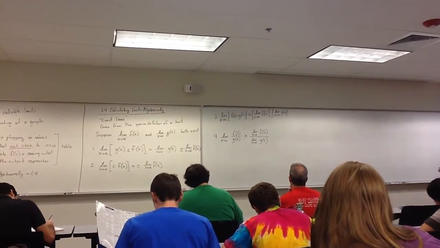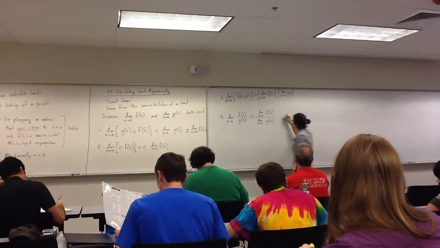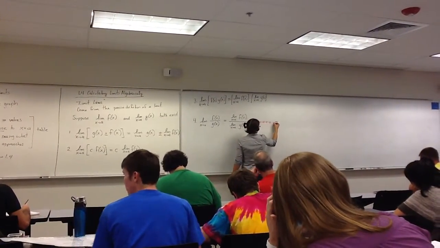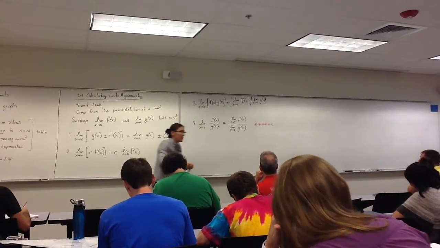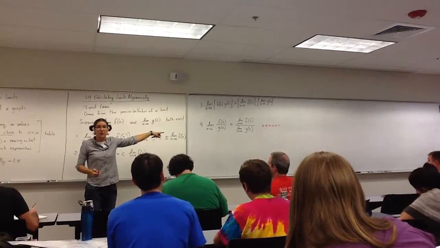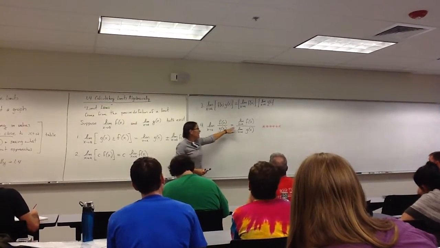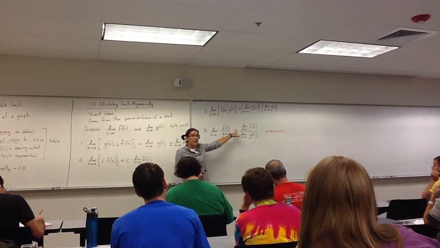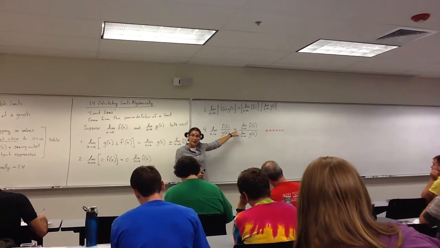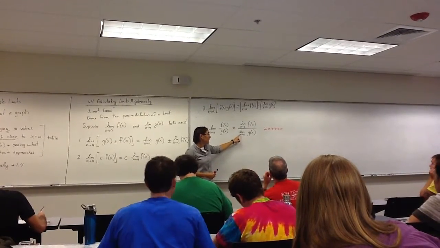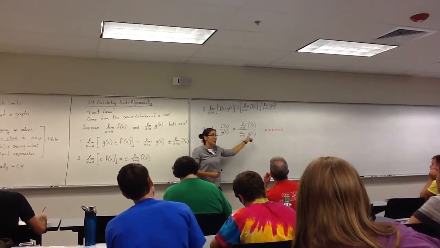Now, I want to give you a warning on number 4. Number 4 has an asterisk next to it. Actually, it has several asterisks next to it, because this law is not valid 100% of the time. This law is only valid as long as, once we distribute the limit symbol, we don't get 0 in the denominator.